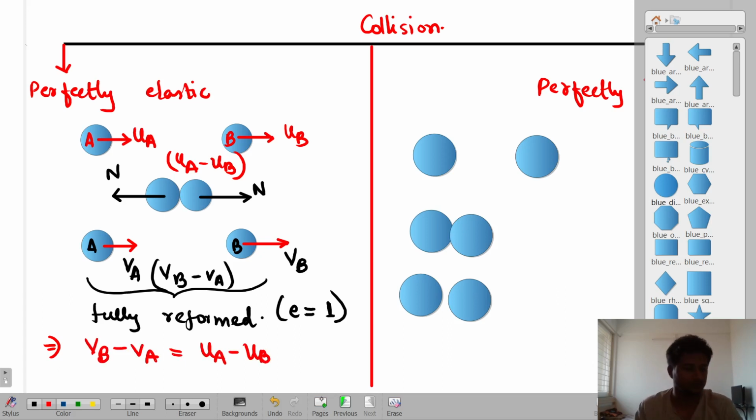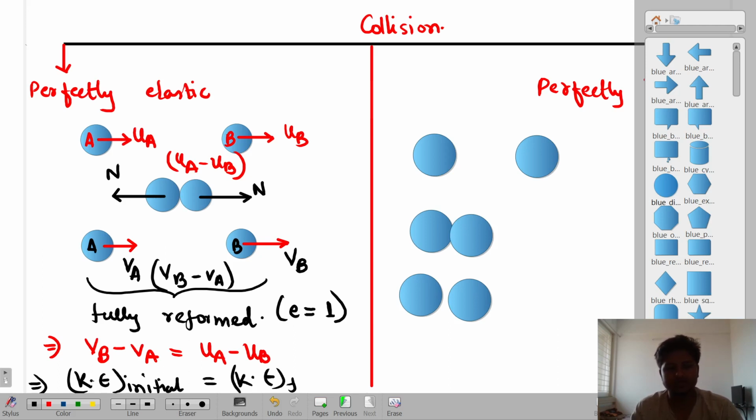Are you able to get me or not? So does that imply that if they are fully getting recovered, then whatever is the initial kinetic energy of the body, since there is no change in the momentum, initial kinetic energy must be equal to final kinetic energy also? Is that clear or not?